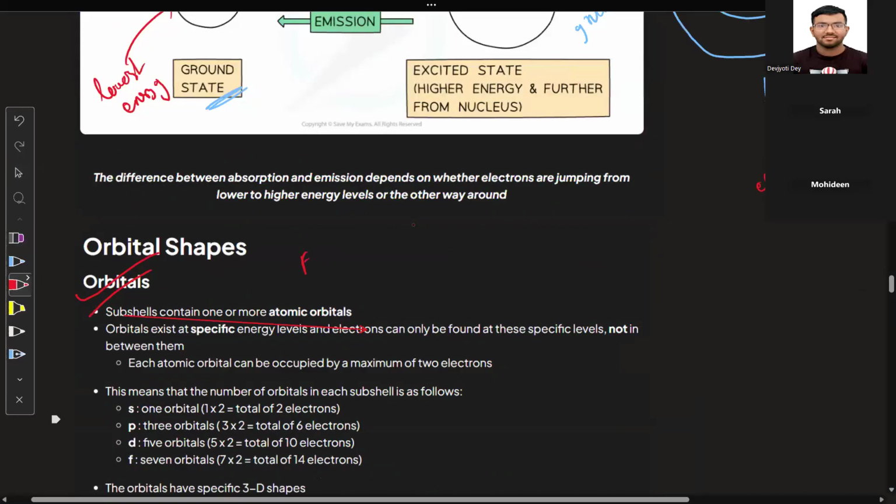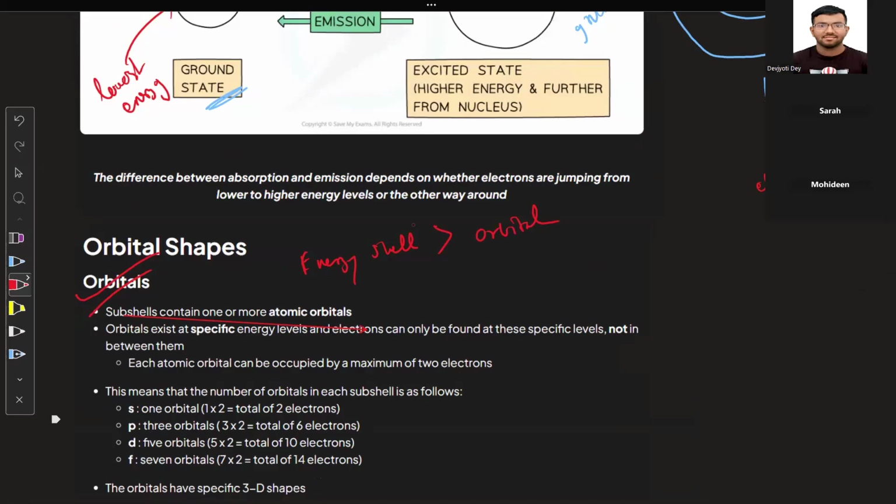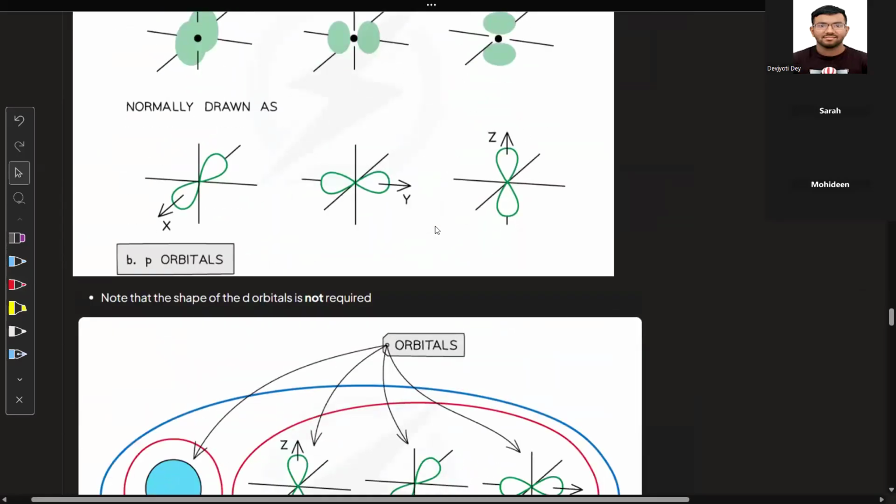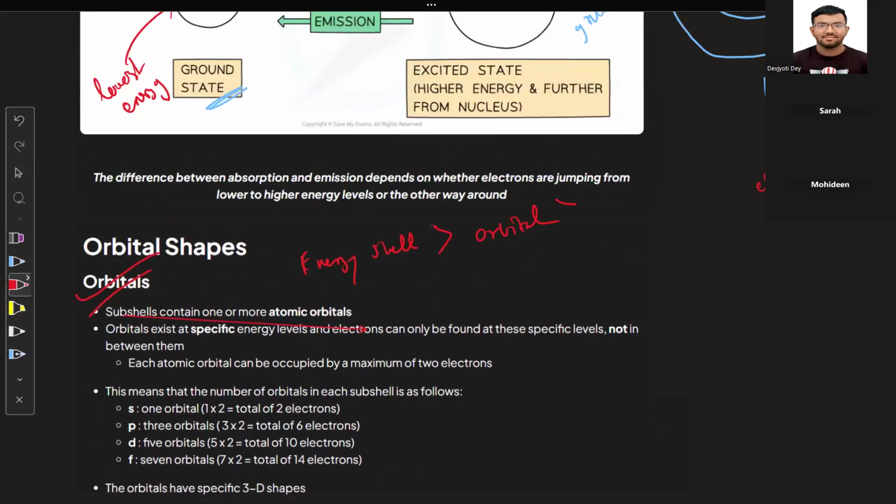that is, energy shell is greater than orbital. All right, and orbital is greater than subshell. Okay, what is this trend? This is the size and priority.